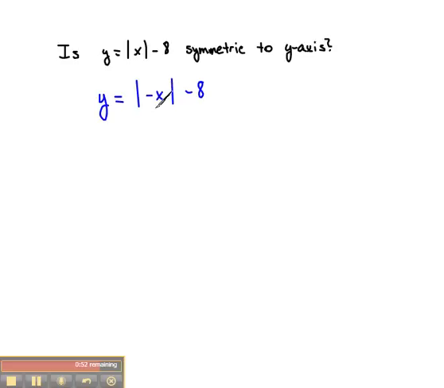If x is 5, then negative 5 is still 5 units away from 0. So it is the exact same thing to say the absolute value of negative x is the same as the absolute value of x. Because that is the same equation that we began with, there is y-axis symmetry.